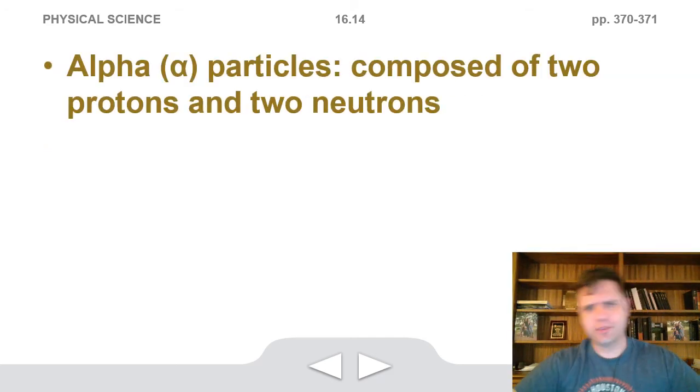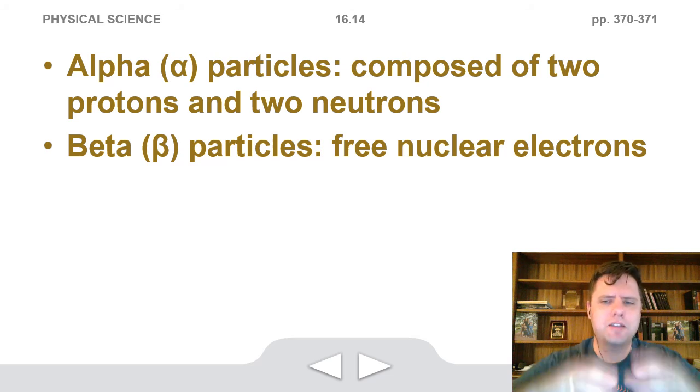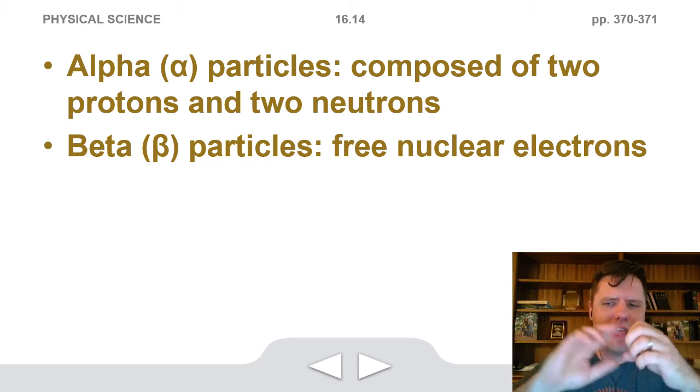Alpha particles are composed of 2 protons and 2 neutrons. Beta particles are free nuclear electrons. Note here, we don't think of electrons being in the nucleus. So where's this coming from? Well, it's unstable neutrons that are splitting apart into a proton and an electron.